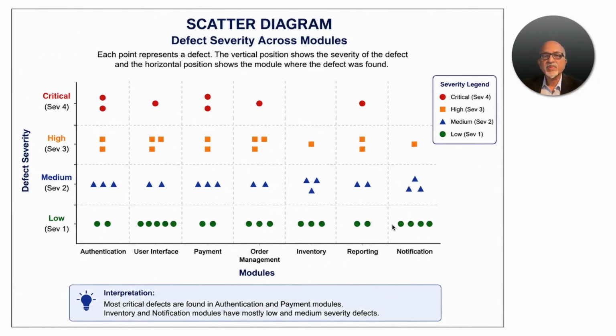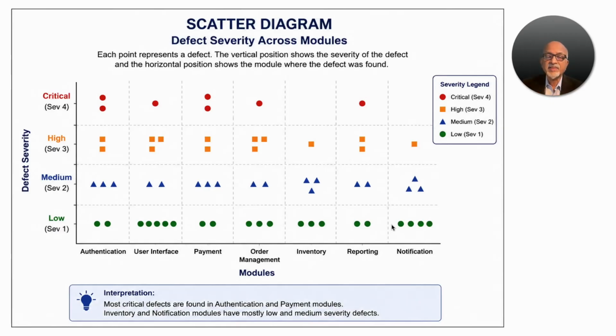Likewise, we plot. This will help us identify the affinity of these defects against the modules. Again, from project scenario to scenario, what goes on the y-axis and what goes on the x-axis can change.